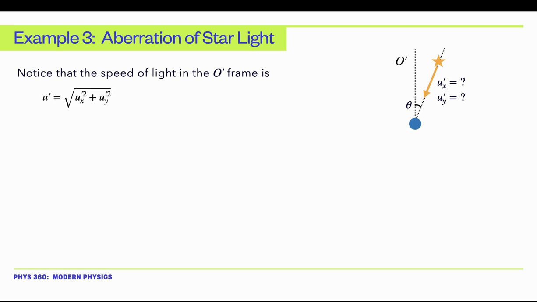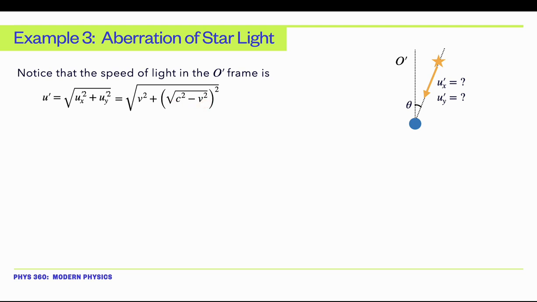Okay, let's just check to make sure that the magnitude of the speed of light in the Earth's frame really is c. So we do this by plugging in our expressions. ux prime was negative v, but squared. And then uy prime was square root of c squared minus v squared.